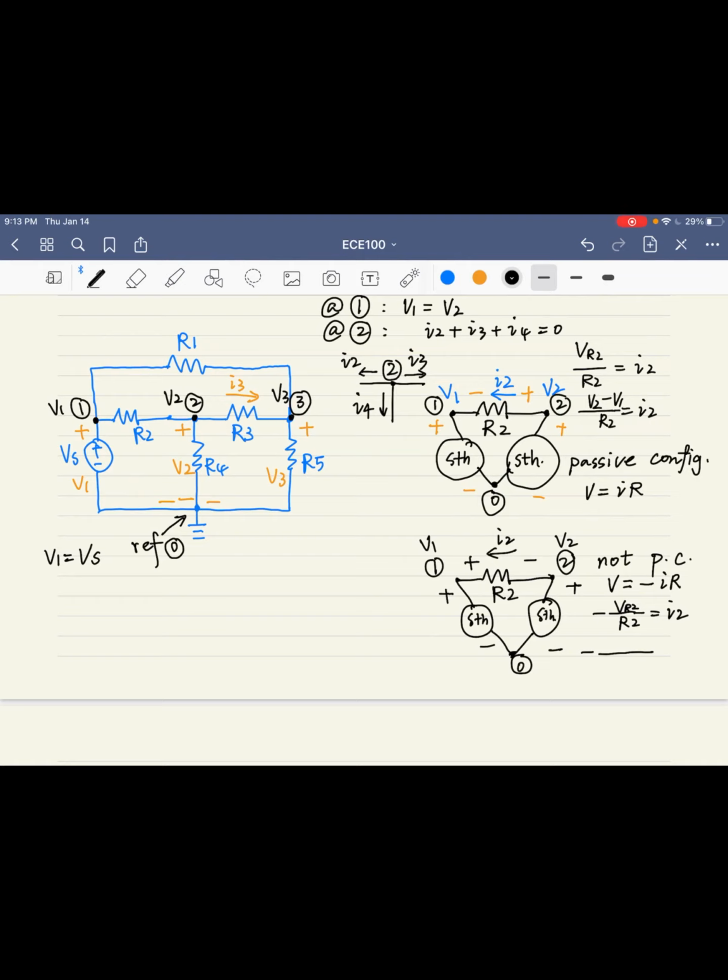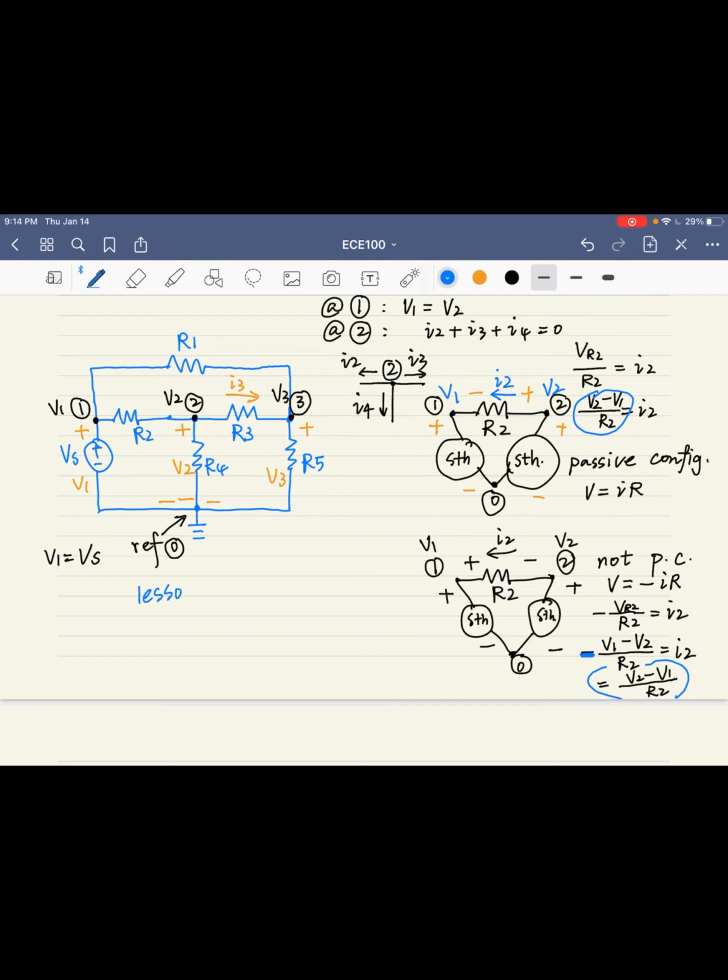And in this case, it should be V1 minus V2. Resistance is not changed, so let's just write it down. And the most exciting part is almost there. Because we have a negative sign in the equation, we need to simplify the result. And what you get is completely the same as the other configuration, right?